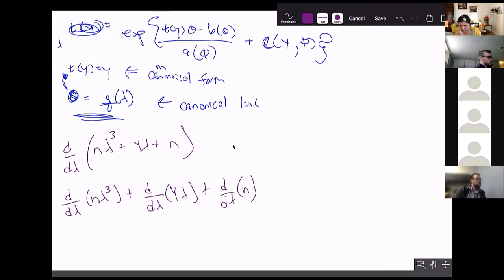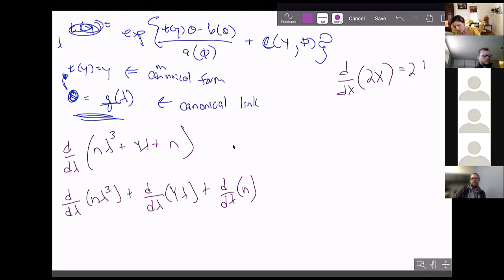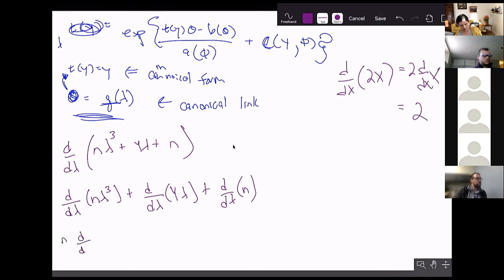What's the derivative of this first term? Well, n is a constant. Any constant is just going to get pulled out. If you have the derivative with respect to x of 2x, that's equal to 2 times the derivative with respect to x of x, so that's equal to 2. This is the same thing: you'll have n times the derivative with respect to lambda of lambda cubed.